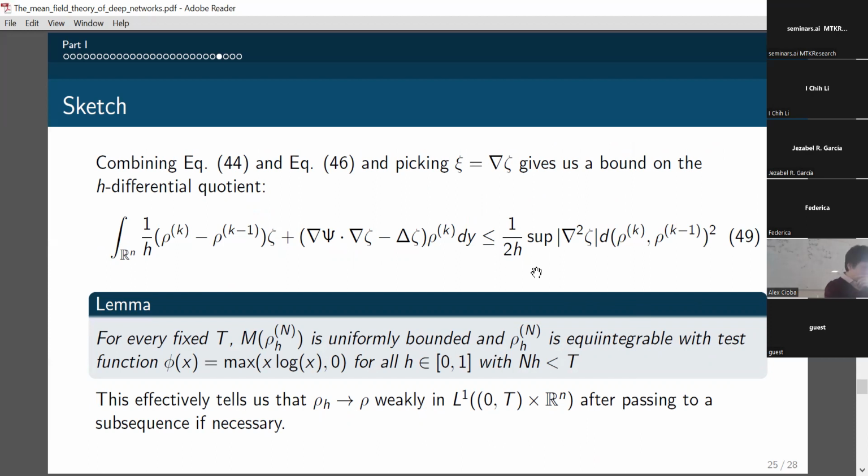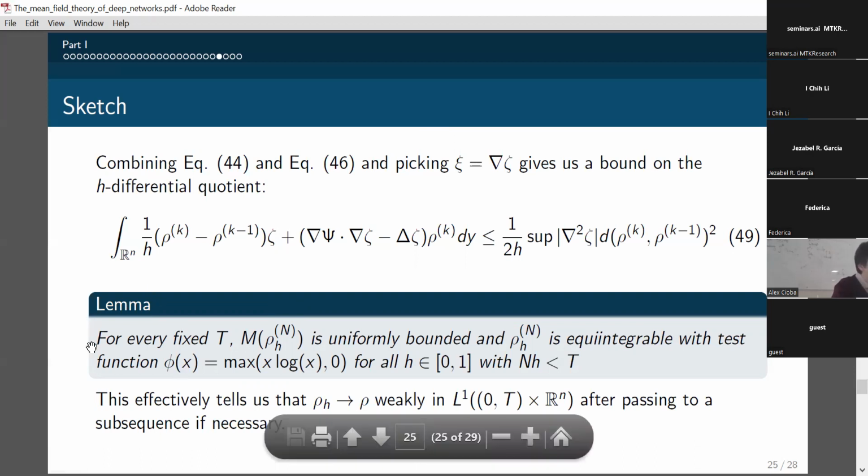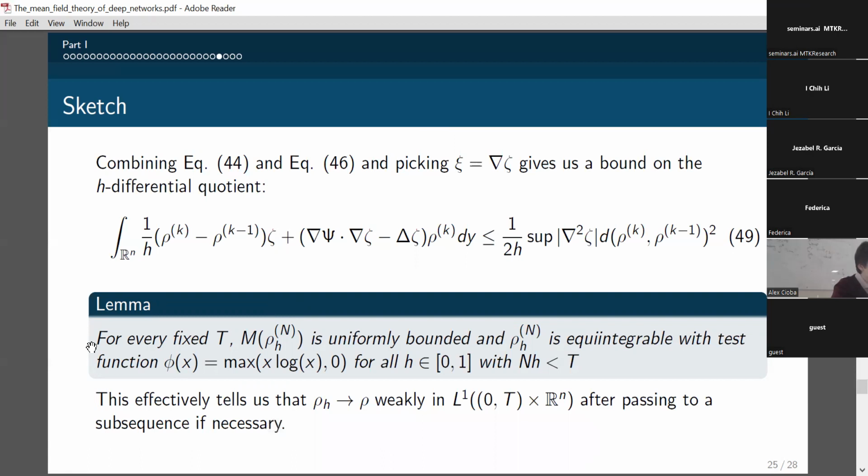So what you'd like to do at this point is take the limit and sum this equation. But first of all, in order to take the limit, you need to know that the limit exists in some sort of way. This may not be completely obvious, but it's actually fairly easy as a consequence of standard convergence arguments for functions in L1.